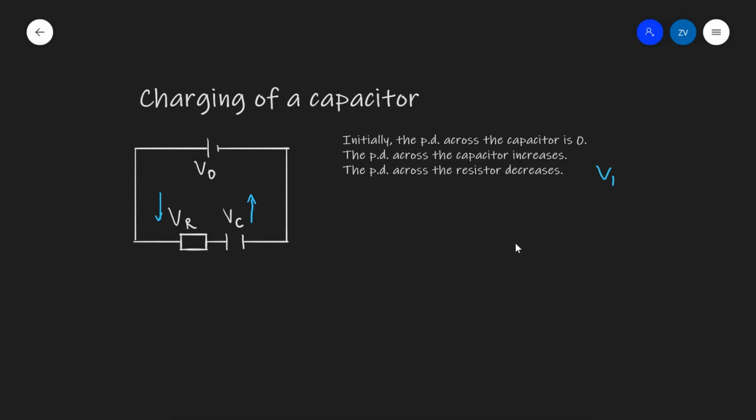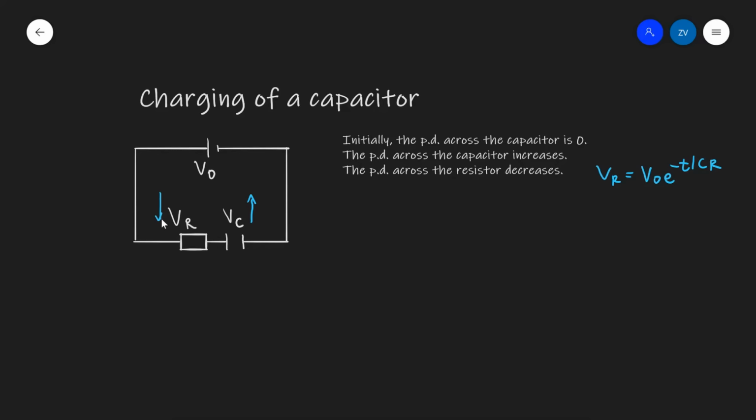So VR will be equal to V0 e to the power of -t over CR. You can kind of think of it as soon as this circuit is switched on, VR is equal to V0 and this is equal to 0, and then VC increases while VR decreases exponentially.